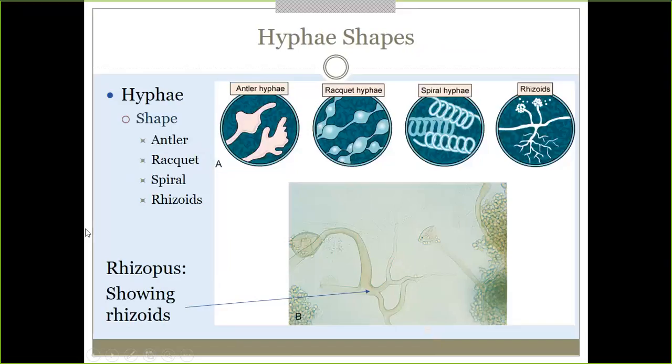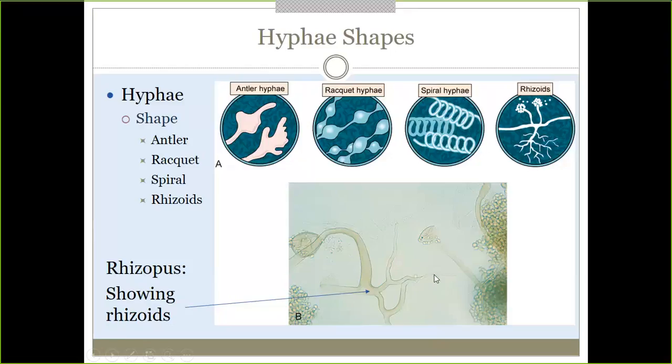There are different shapes that your hyphae can take on, from antlered, racket, spiral, rhizoids. The only one that I am concerned with for us is rhizoids. So this last picture here, rhizoids tend to have what we call a root-like structure. They kind of look like roots under the ground. In the picture below, it's showing a real-life picture of rhizoids. So that is key.